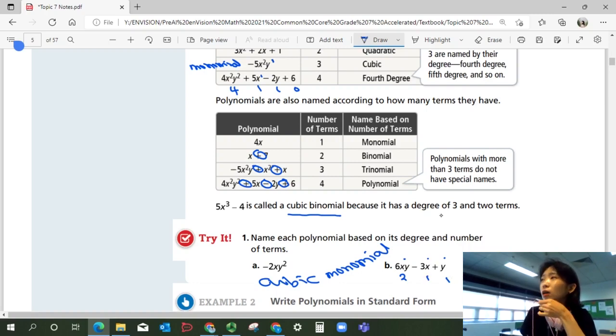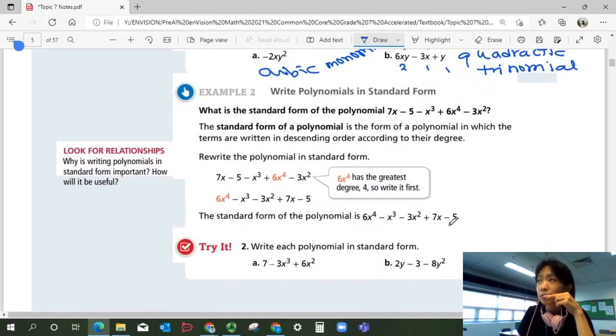So if you have a degree of 2, that would be quadratic. So quadratic, if you have 3 terms, what is it? Trinomial. So quadratic trinomial would be your answer for B. Check your answers.